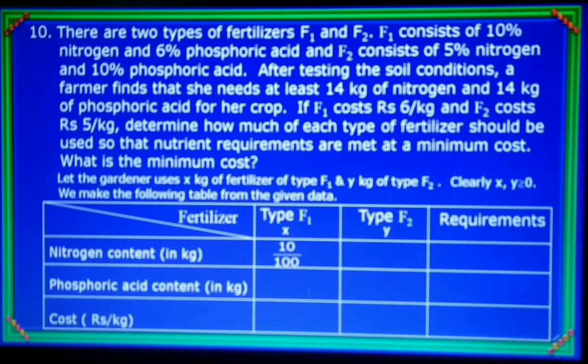Fertilizer of type F1 contains 10% nitrogen and 6% phosphoric acid. Type F2 contains 5% nitrogen and 10% phosphoric acid.